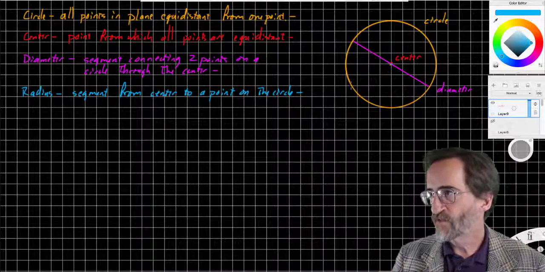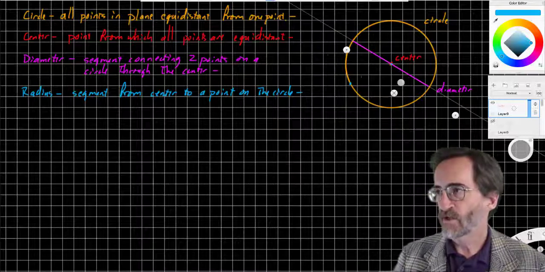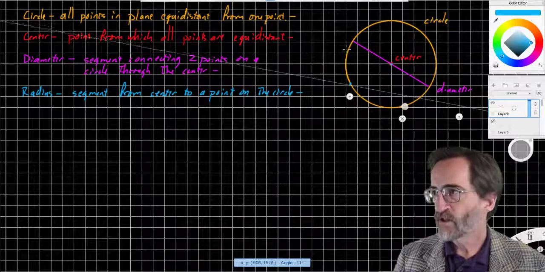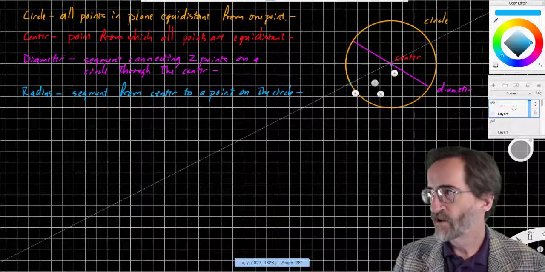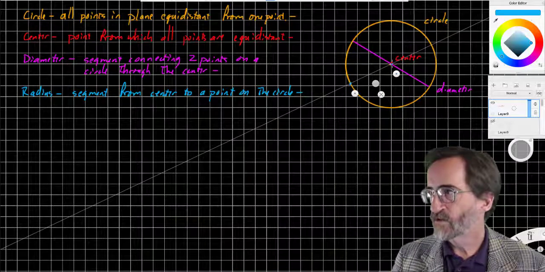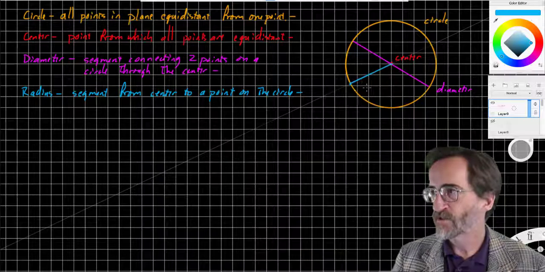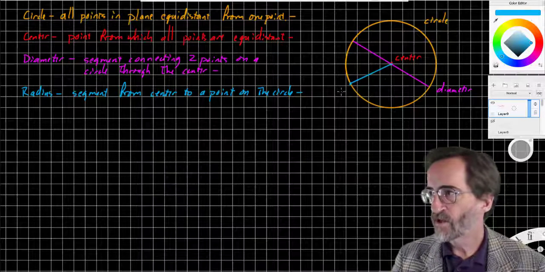So from the center to any point on the circle is a radius. And all radii are congruent. They're all the same length, because we define the circle as all points equidistant from one point.